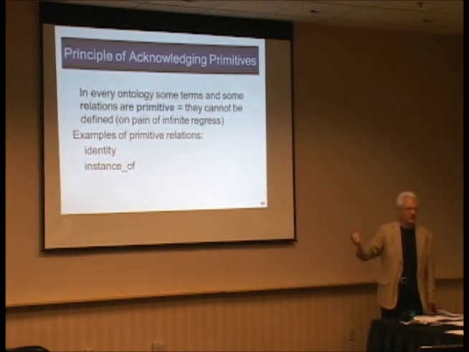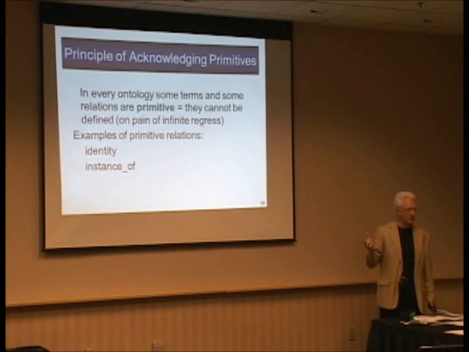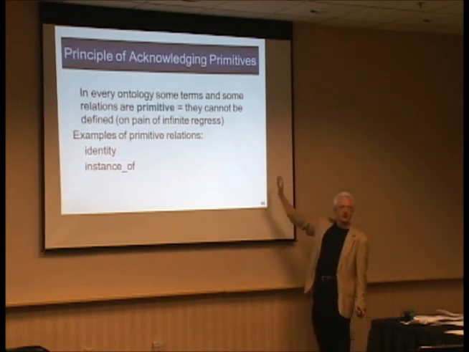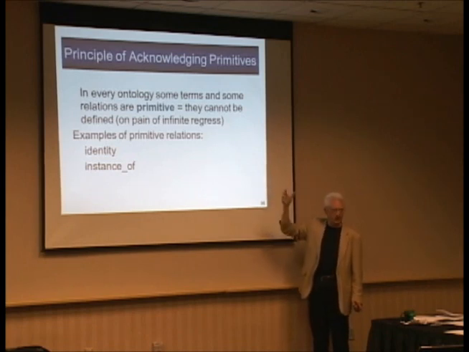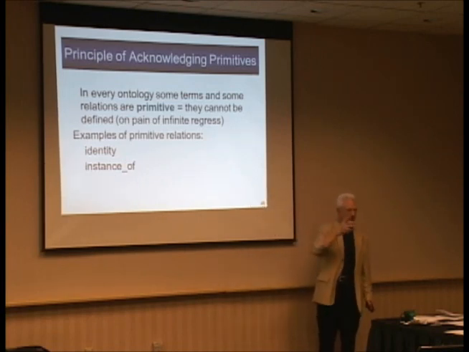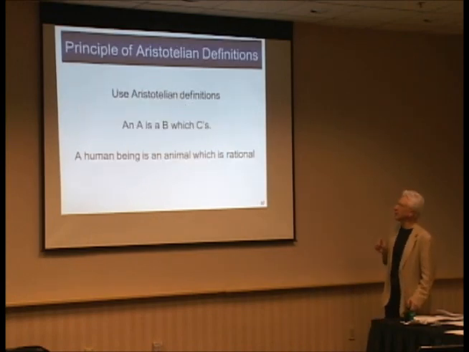Maybe you don't need to define terms because everyone in your community knows what they mean. Ideally, you should take them from another ontology where they are defined. But there will always be some primitive somewhere in your hierarchy. This is just an inevitable consequence of the principle that definitions have to be such that the terms on the right are more basic than the terms on the left.